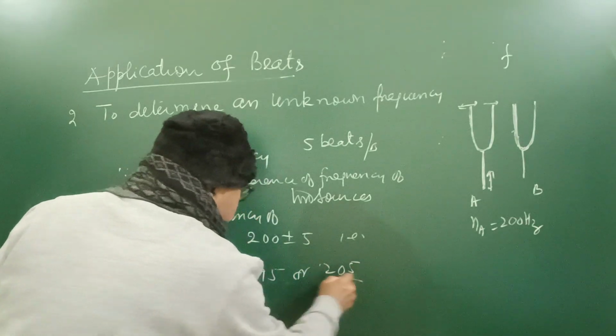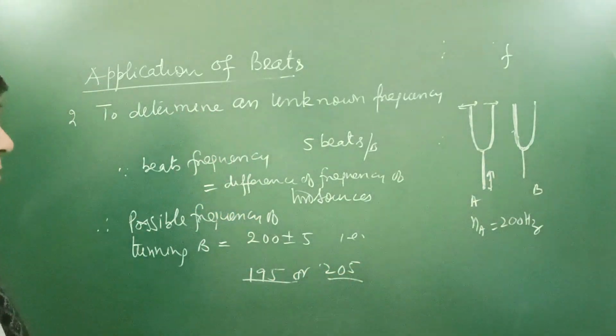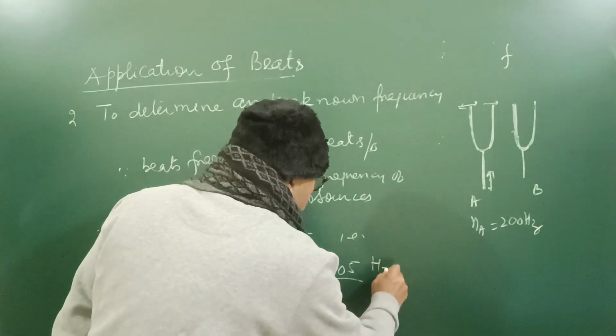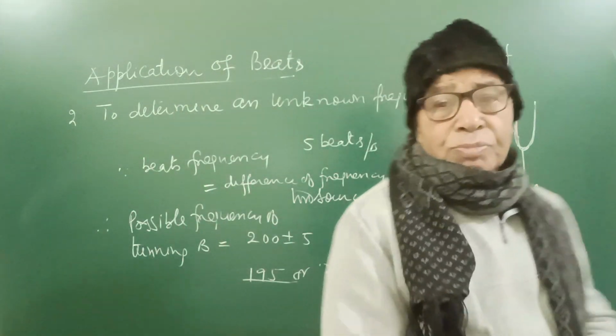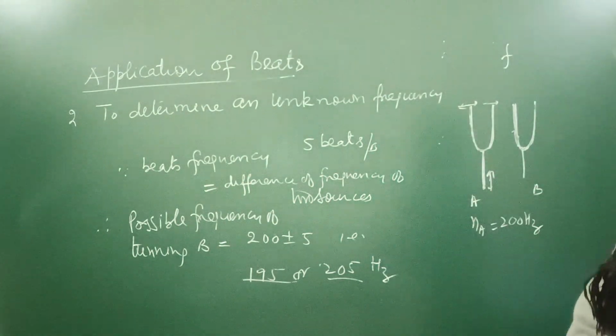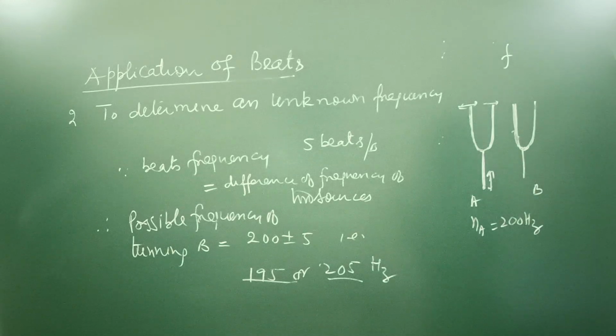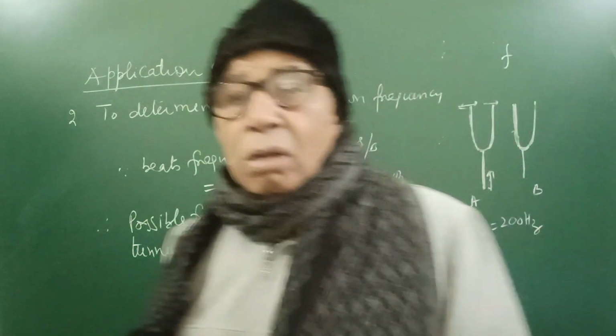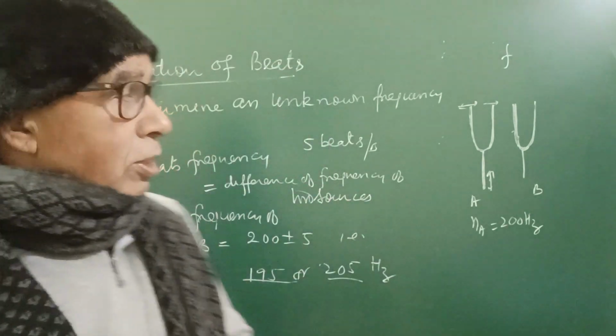So these are the possible frequencies of B. So we have determined the possible frequency by listening to the beats. Remember, beat frequency is equal to the difference of frequencies of two sources.